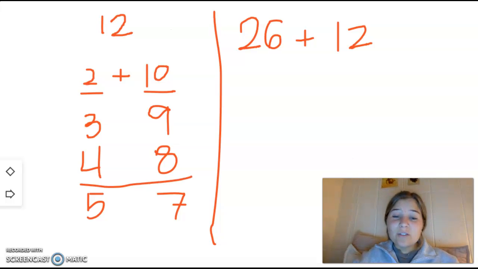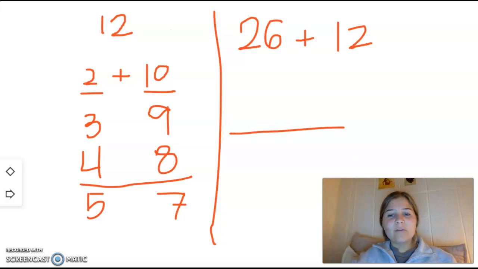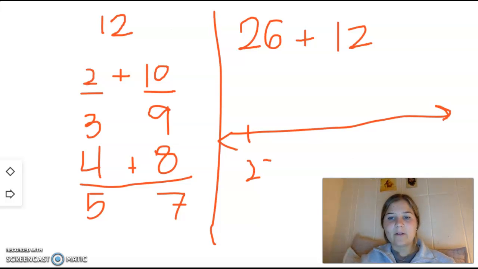If you did not choose 4 and 8, that's okay. We're going to keep practicing. Sometimes it's hard to figure this out. So let's see what would happen if we had 26 plus 12, and we first added 4, and then we added 8. So if we had 26 here, sorry, my little pen's a little slow.